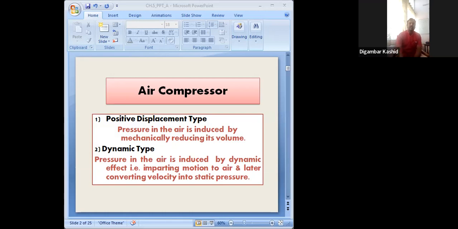Now, once again we'll start with one basic question: what is a compressor? The compressor is a device which is used to compress air or any gas.